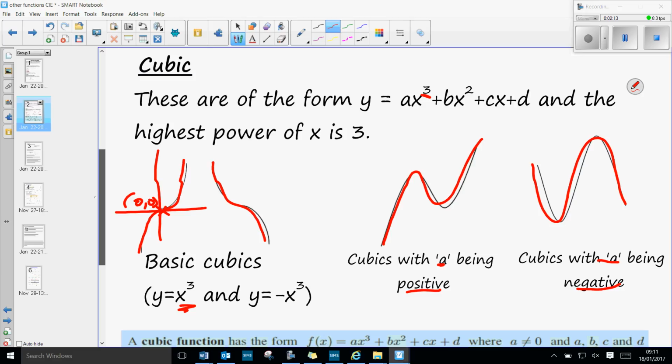Depending on where it's placed on the axes, for example, if the axes are here, you'd have 3 x-intercepts, a minimum point and a maximum point, and 1 y-intercept. Those are the kinds of things you need to look out for with cubics.